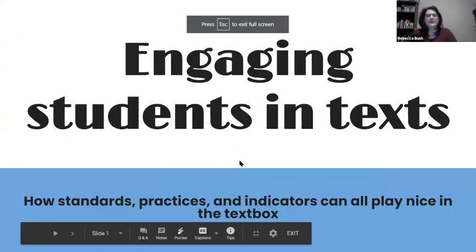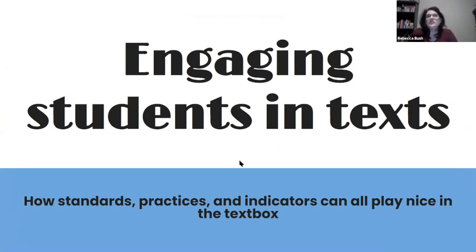All righty. So this is really about engaging students in texts. And when we talk about that, we are really talking about different types of texts. And as we go through our time tonight, we're going to talk about what that can look like and how standards, we all know that we work with a lot of them, right?